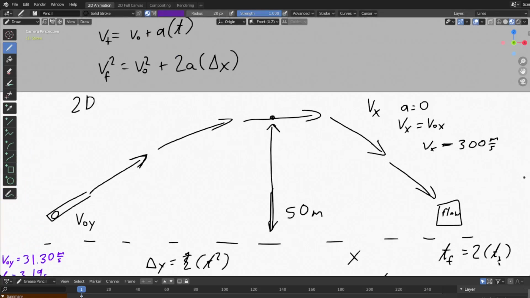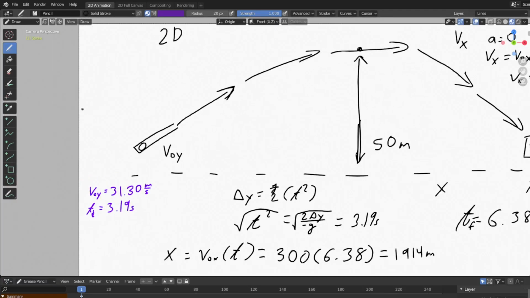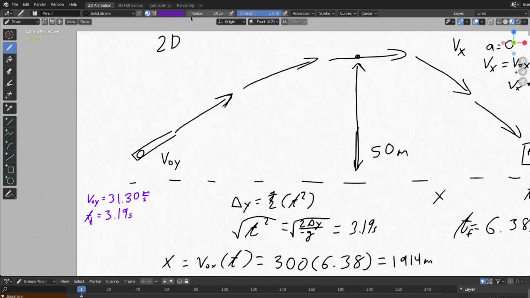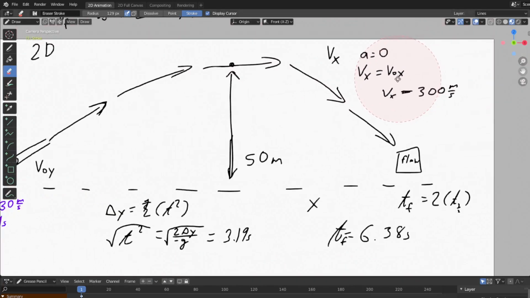That's this problem. I think what I was trying to do originally was, oh, you know what? I know a thing that I could have done to make it where we actually have to calculate v of x.